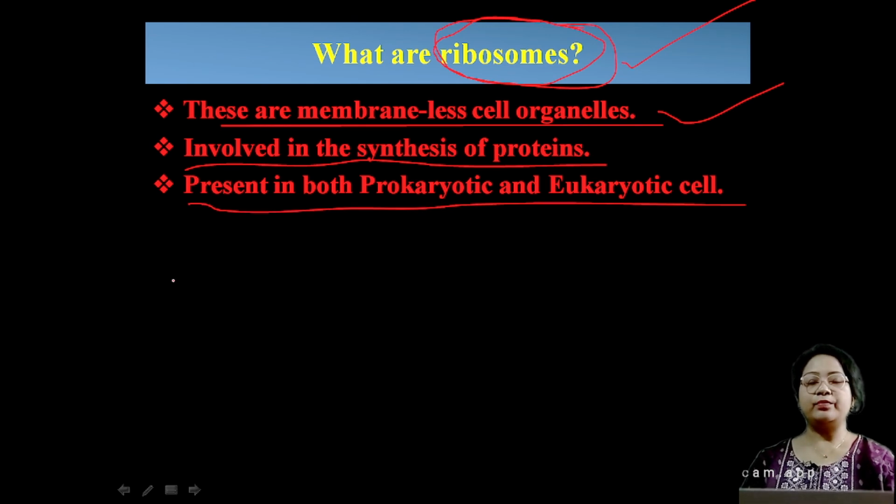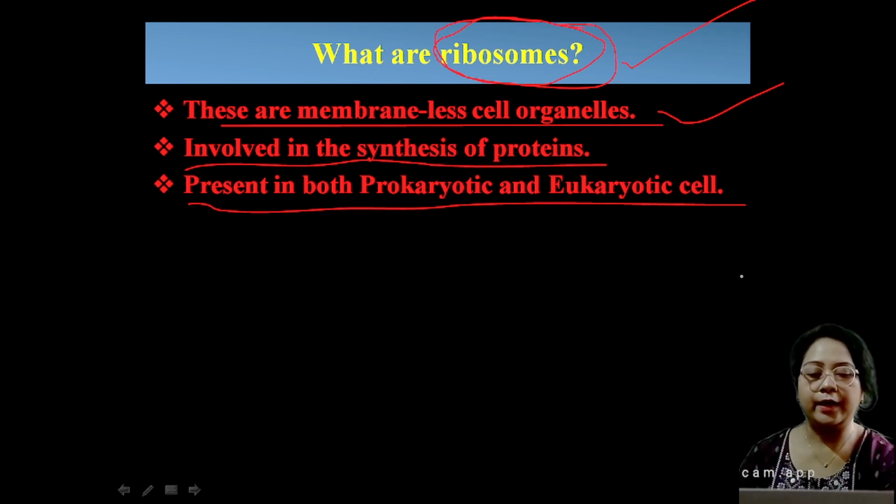I think in my previous video I already told that the prokaryotic cell, for example the bacterial cell, also has ribosomes in it, and the eukaryotic cell, the plant cell or animal cell, also has ribosomes in it. So ribosomes are common to both the prokaryotic and eukaryotic cell.